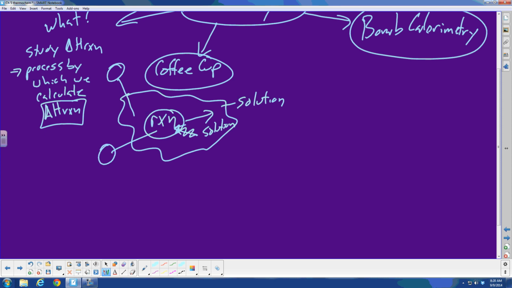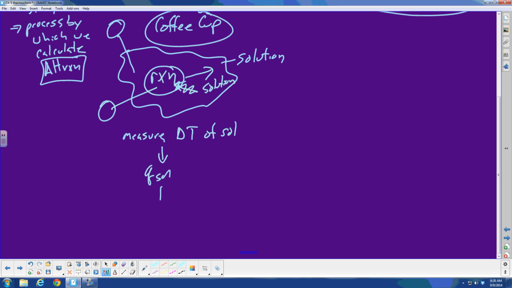So the way we do this is we measure the change in temp of the solution. Once we have that, we're going to be able to calculate Q of the solution. And once we get the Q of the solution, we can get Q of my reaction.